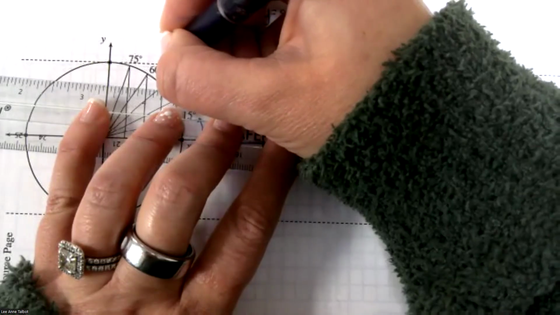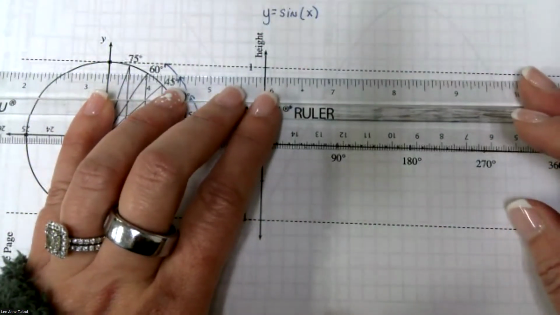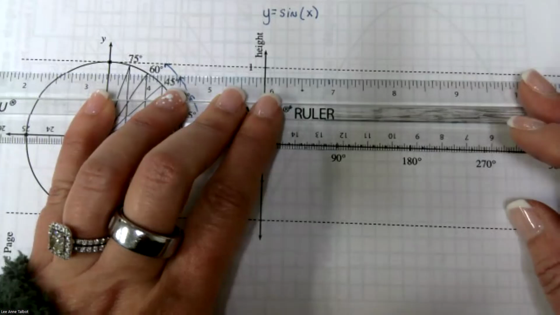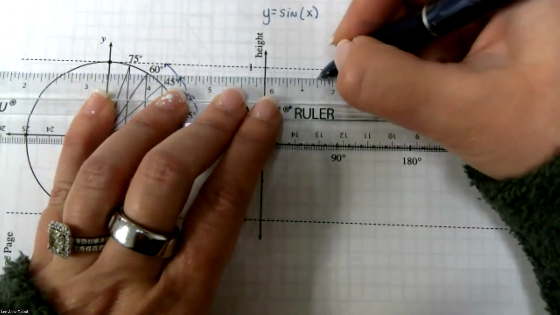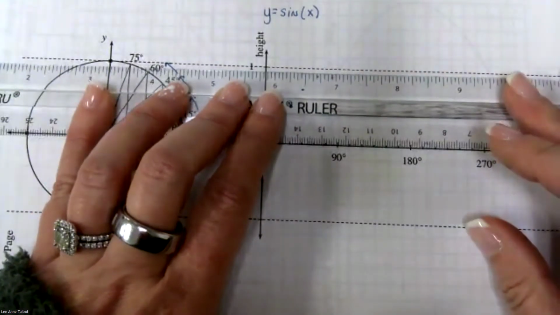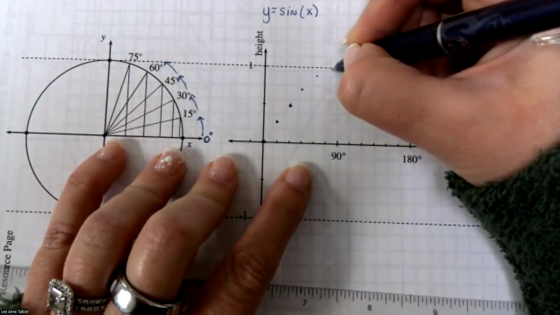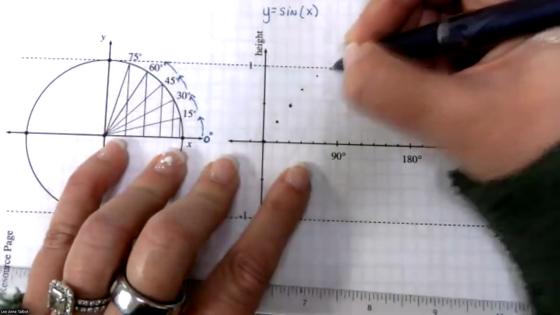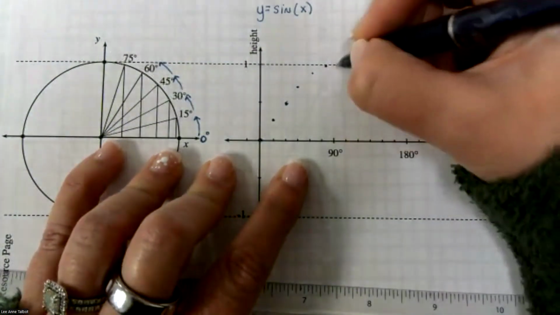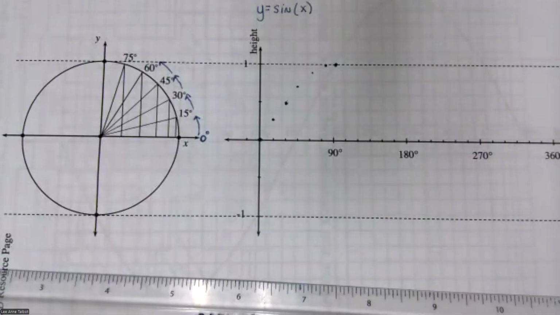Then 60 degrees, I believe, was 0.866. And then 0.966, I just put this one like right underneath the line. And then the 90 degrees is right at the top at 1.